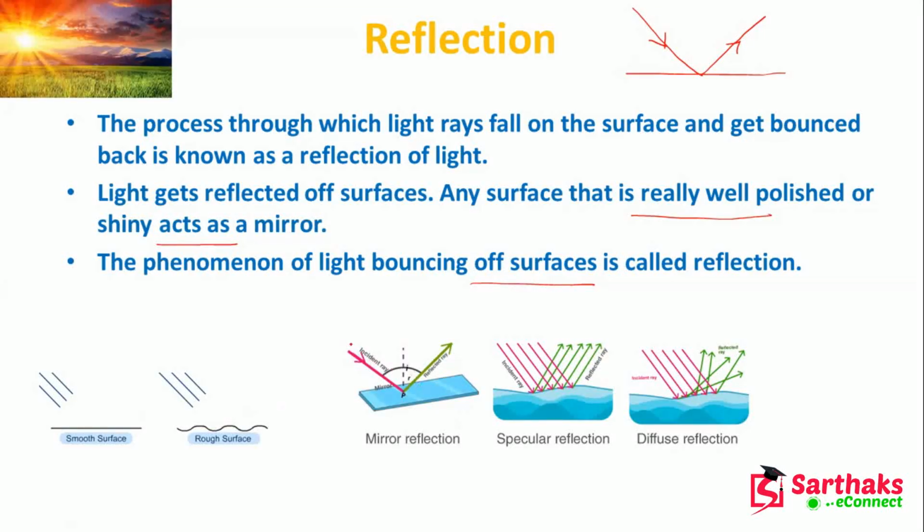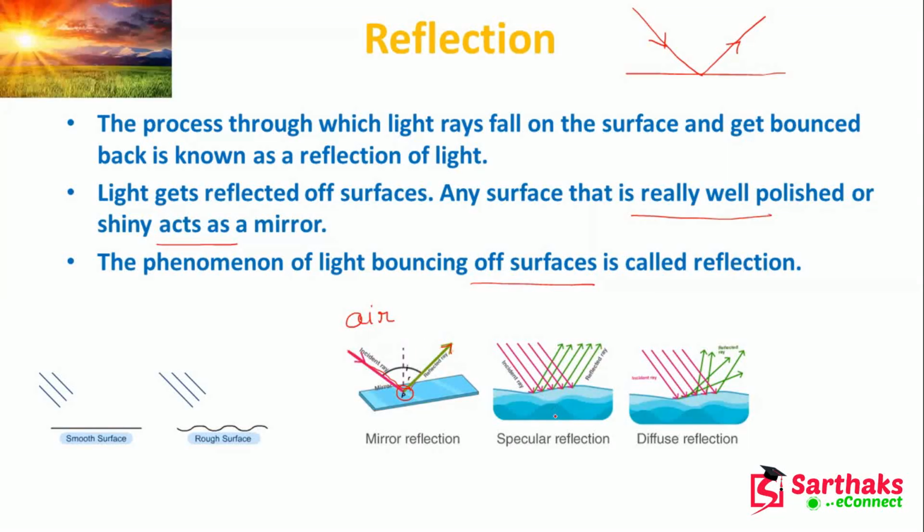In this picture, you can see that the light is incoming, striking the mirror, and bouncing back into the same medium. Let this be the air medium. So through the air, the light is incident on the mirror, then it bounces back and again comes to the air medium.